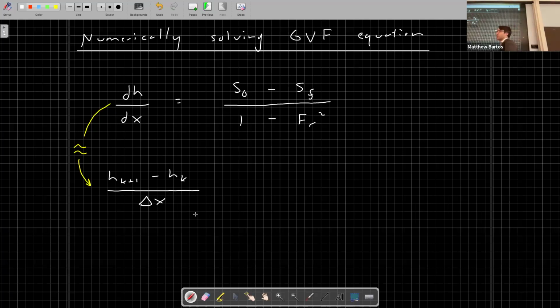So this is basically just approximating that infinitesimal slope over some very small spatial increment. So we're taking this dH by dx and approximating it as this quotient here. So this is approximately equal to the bottom slope minus the friction slope over 1 minus the Froude number squared.